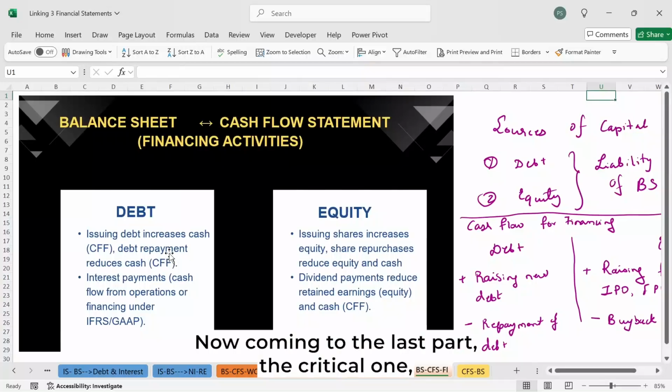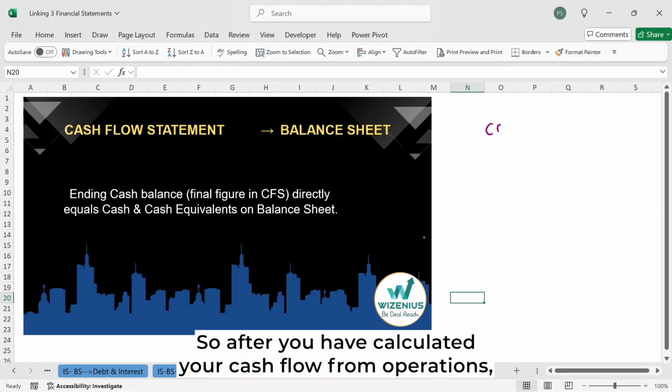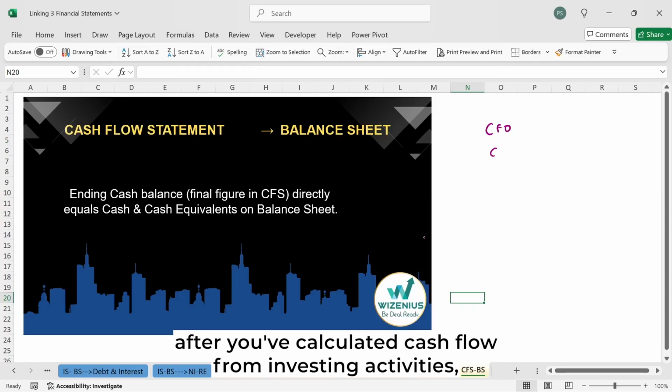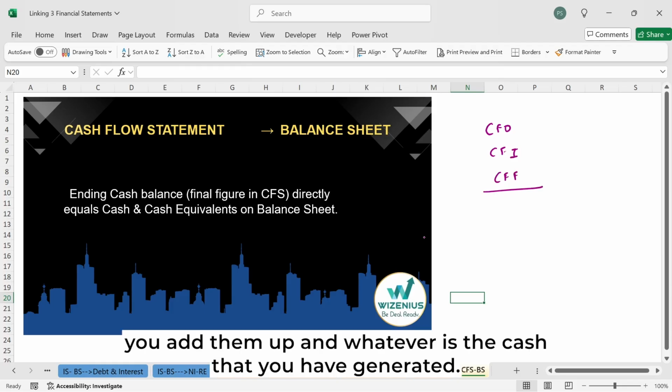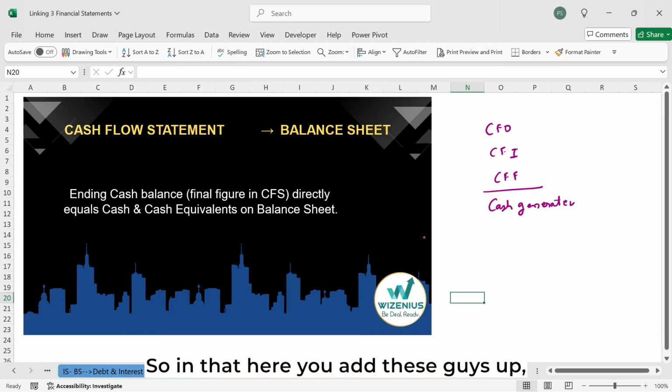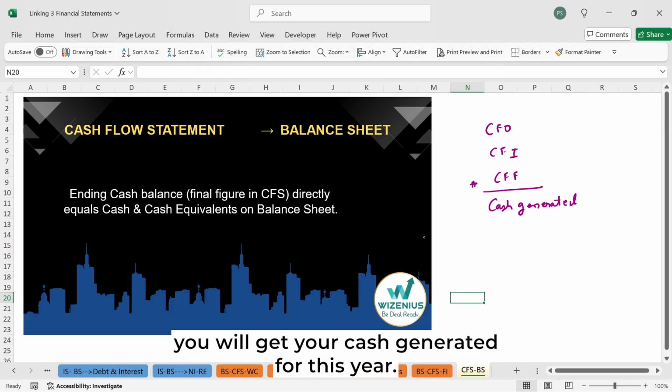Now, coming to the last part, the critical one, the cash flow and balance sheet ending cash balance. After you've calculated your cash flow from operations, cash flow from investing activities, and cash flow from financing activities, you add them up, and you will get your cash generated for this year.